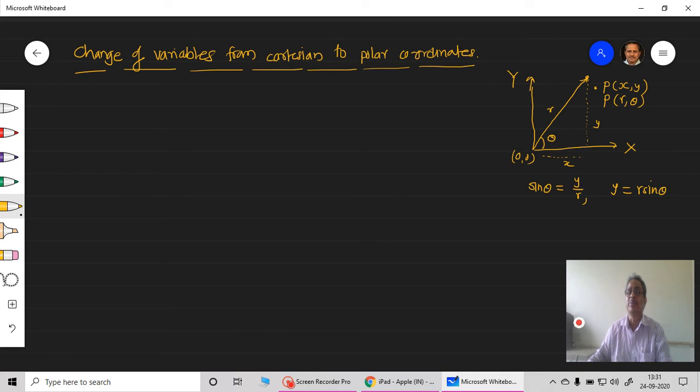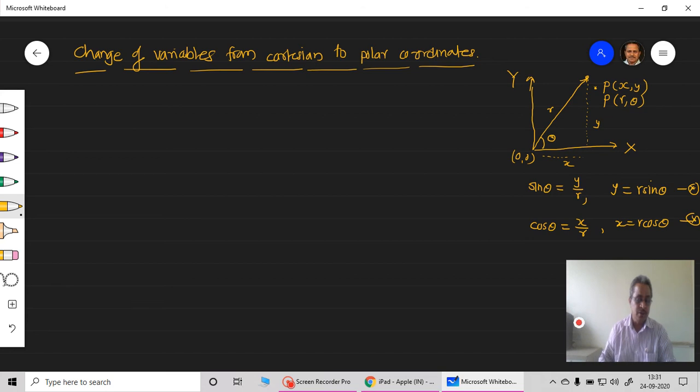This is one transformation equation. Similarly, cos theta is x, the side here, divided by the hypotenuse r, so that is x upon r, and therefore another transformation equation: x is equal to r times cos theta. Remember, we are supposed to use these two transformation equations in this derivation, change of variable from Cartesian to polar coordinates.